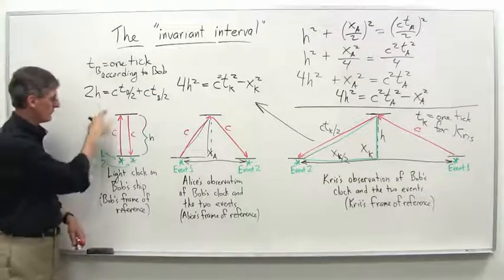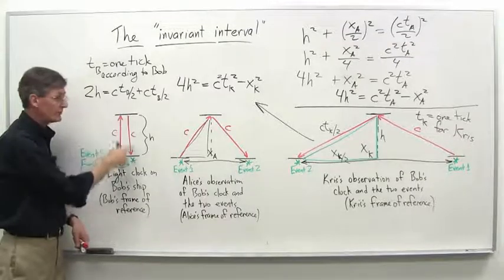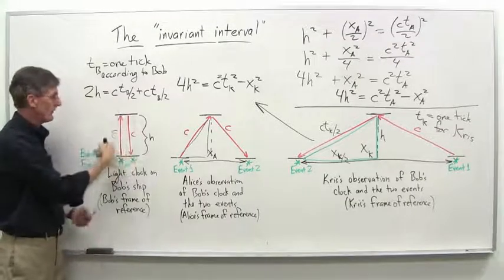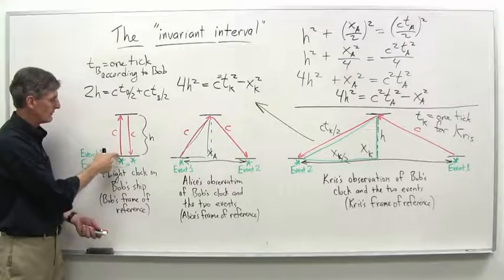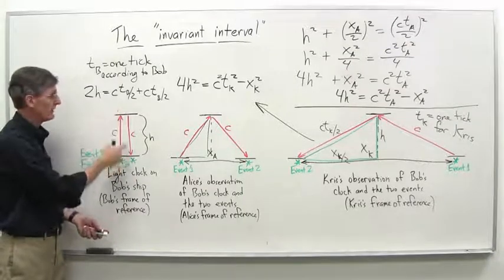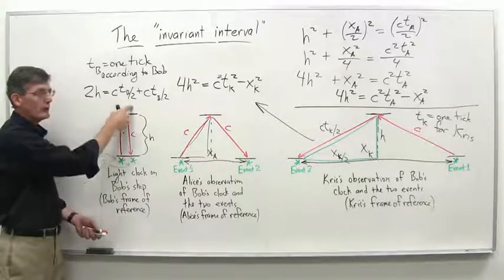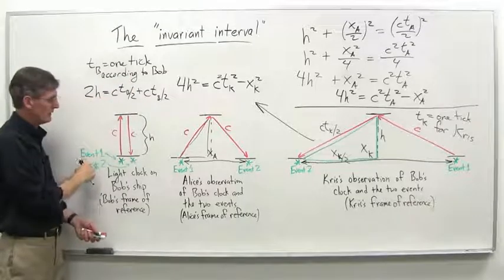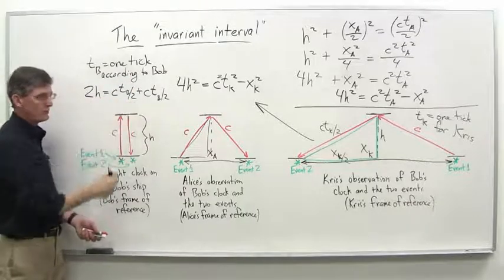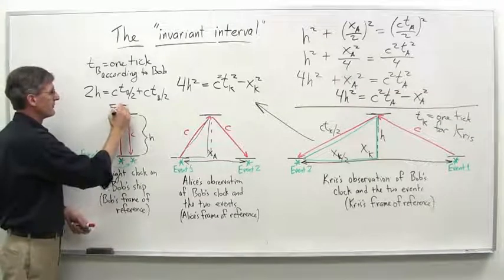You see that? It's going velocity c up, velocity c down, and half a tick is t sub b over 2, because 1 full tick is t sub b. So c t sub b over 2 plus c t sub b over 2 just equals c t sub b.